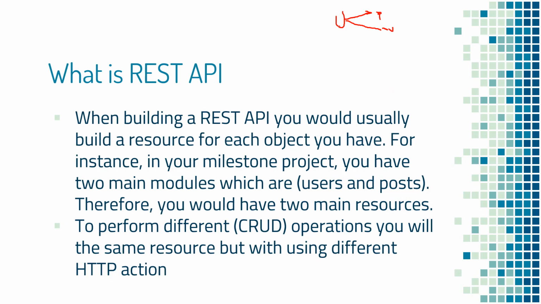My drawing is really horrible here. If I want to delete, as you can see, I'm using the same resource with different HTTP methods, as we learned in the first modules. You will see in a bit how it's done. The good thing is you have just one resource, and to perform different actions, you use different HTTP methods to distinguish between the operations you are trying to achieve.